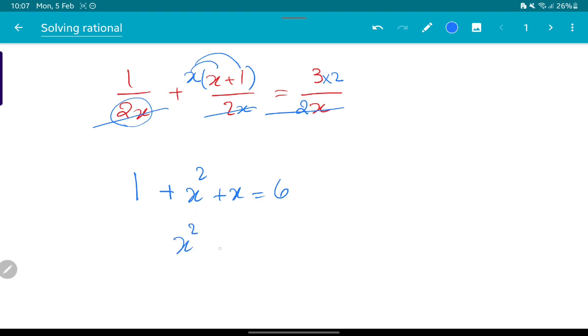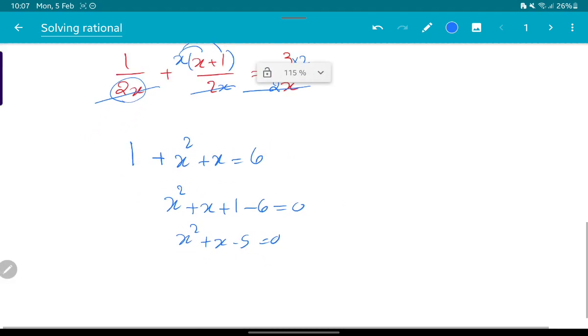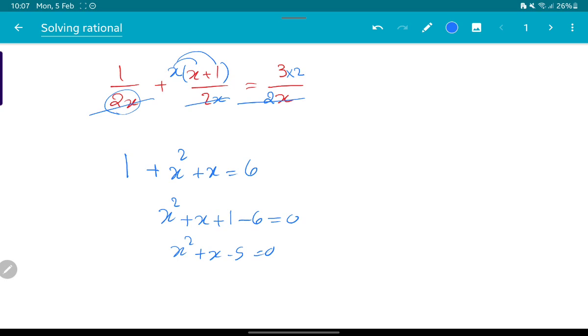So this is x squared plus x plus 1 minus 6. The answer is 0. So we have x squared plus x minus 5 equal to 0. So here we need to factorize to find the answer. But here we need to make sure that this will give us real solutions. Or we can use the calculator to solve by mode 5, 3, and we can get the answer.